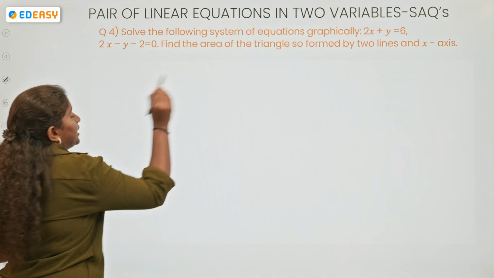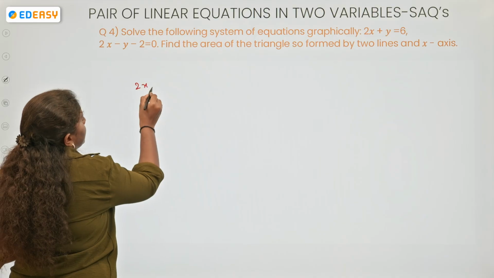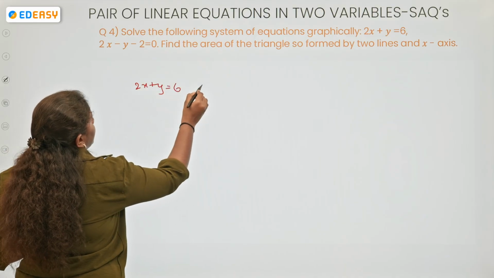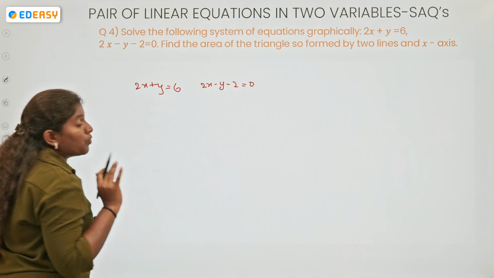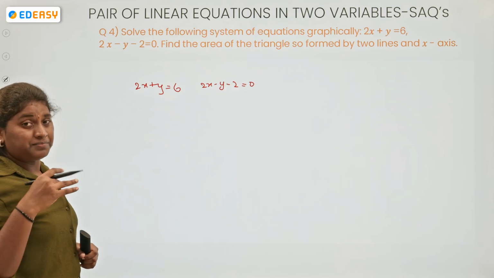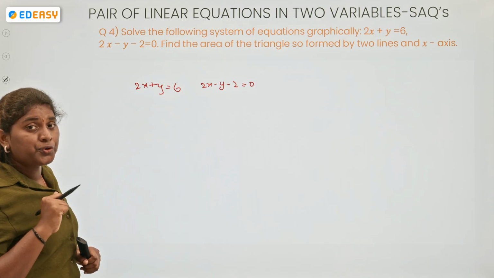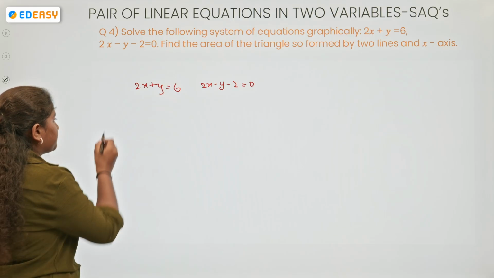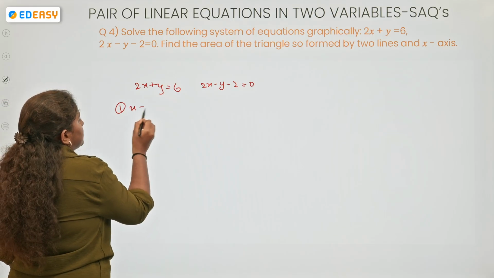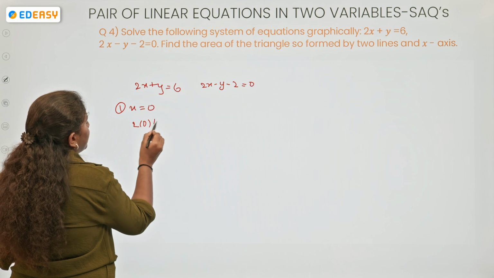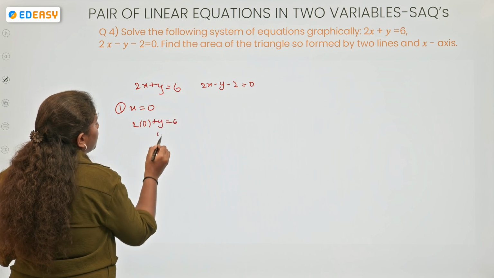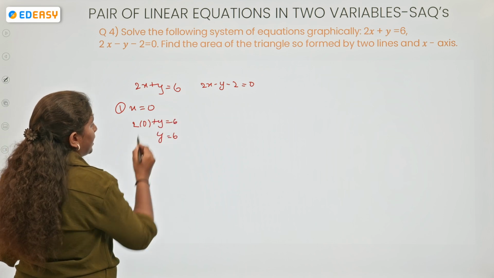It means, take your given equations, 2x plus y equals 6 and 2x minus y minus 2 equals 0. Whenever we are solving graphically, we need to take first x equals 0 and find the y value. 2 into 0 plus y equals 6, so y equals 6.